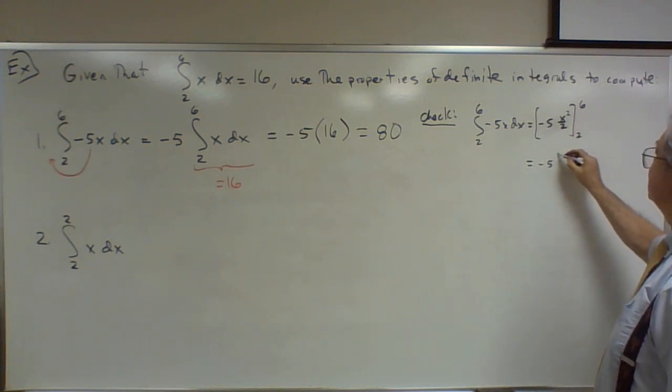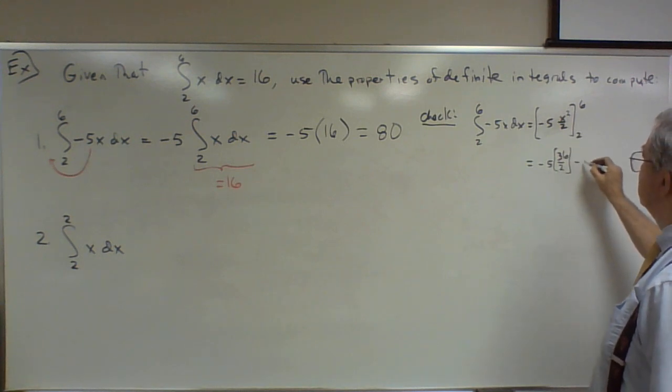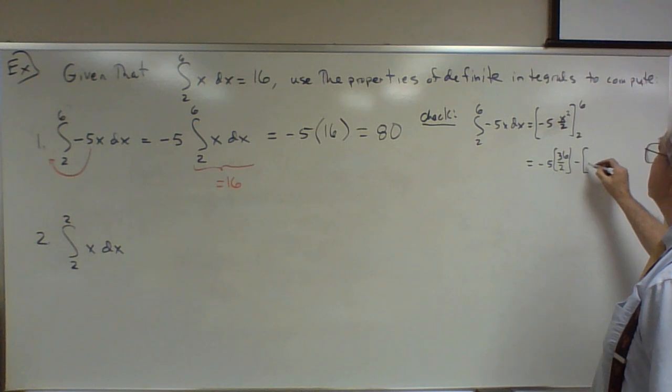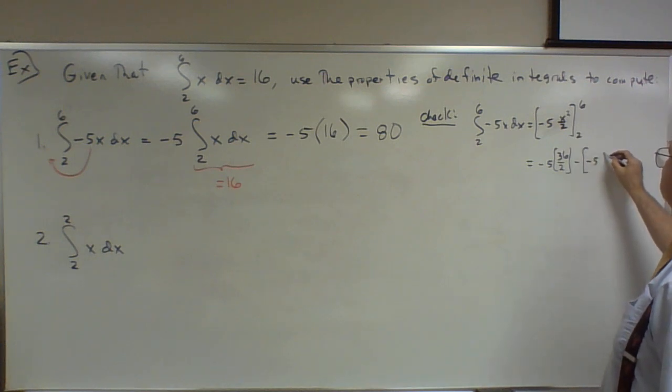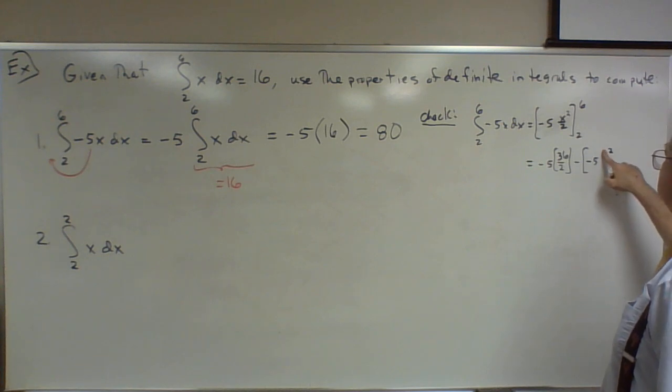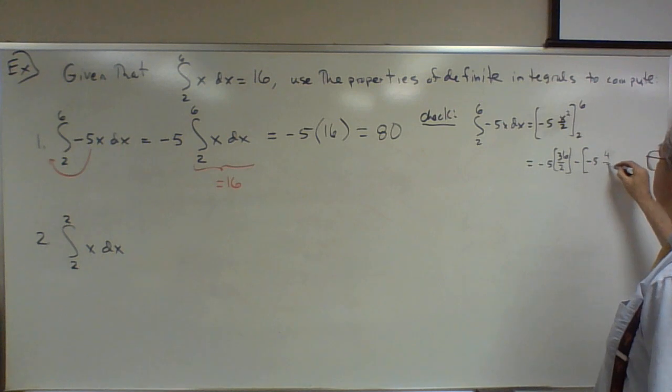So plug in the 6, we get 36 over 2 minus -5 x squared, which is 4, over 2.